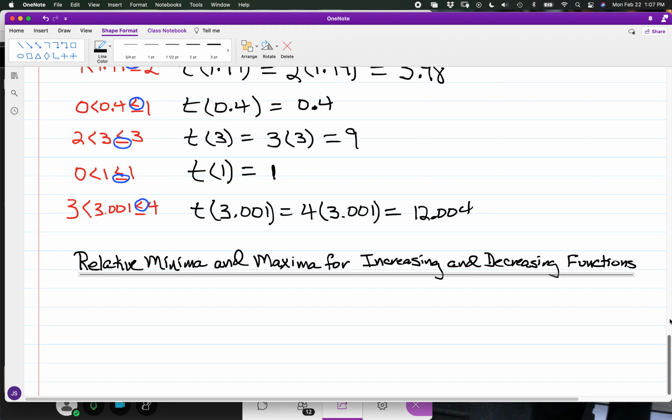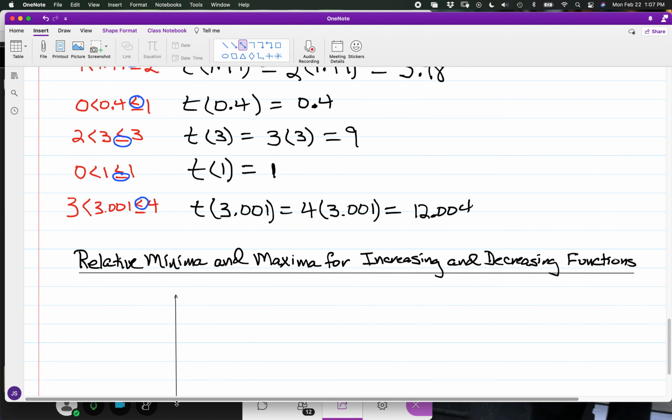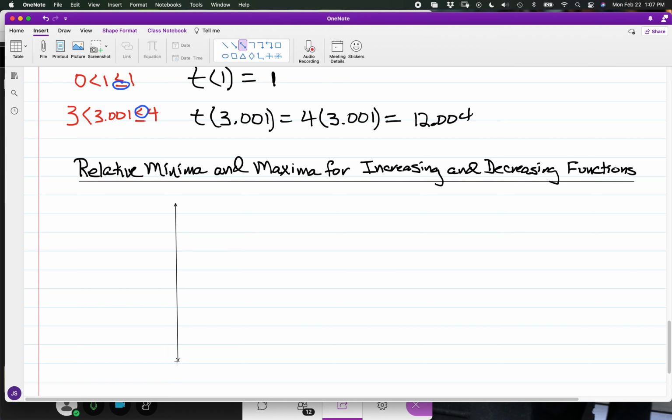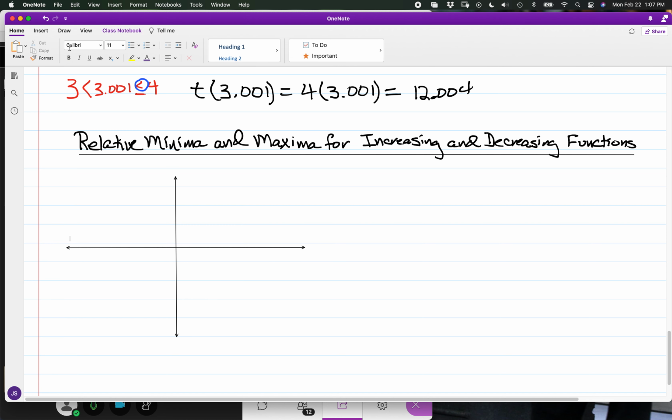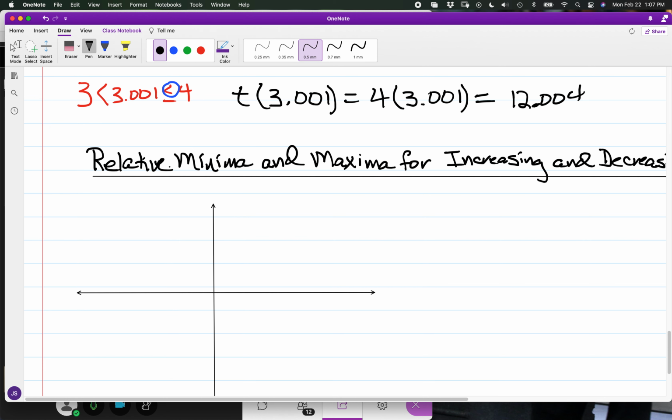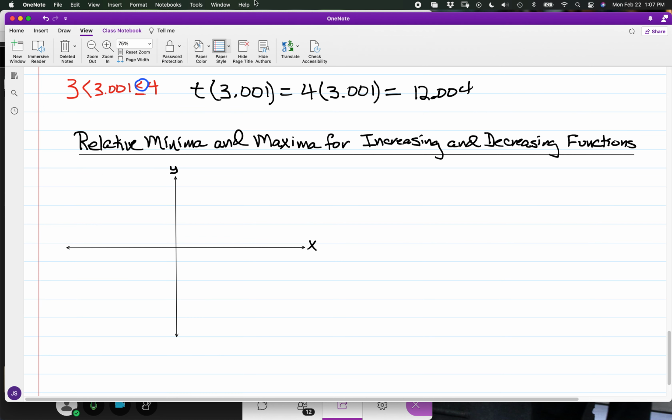Let me give you an instance, just applying a graph here.